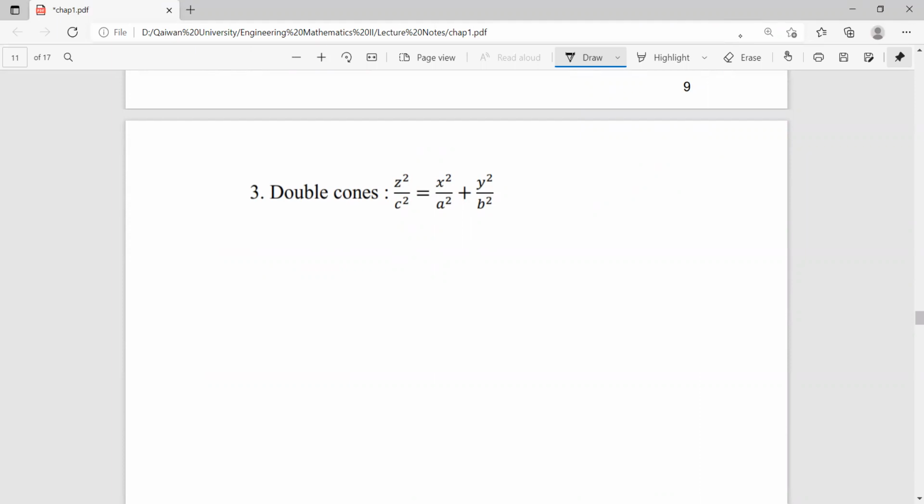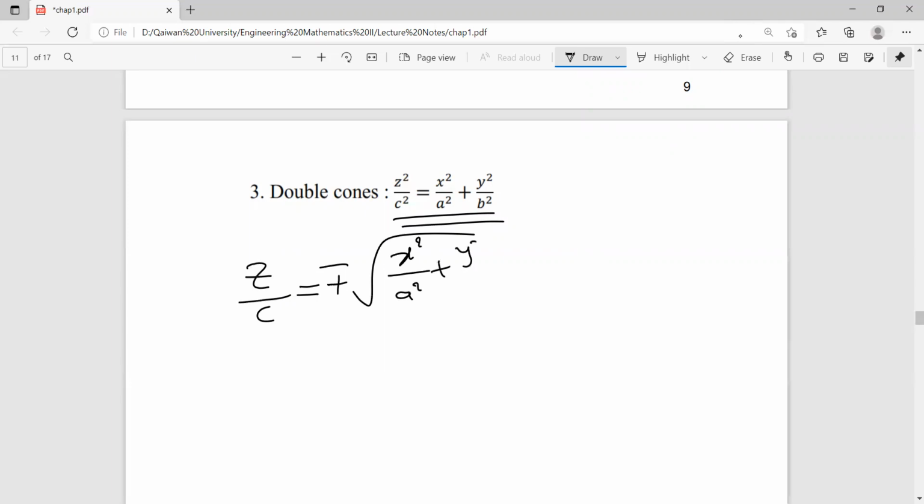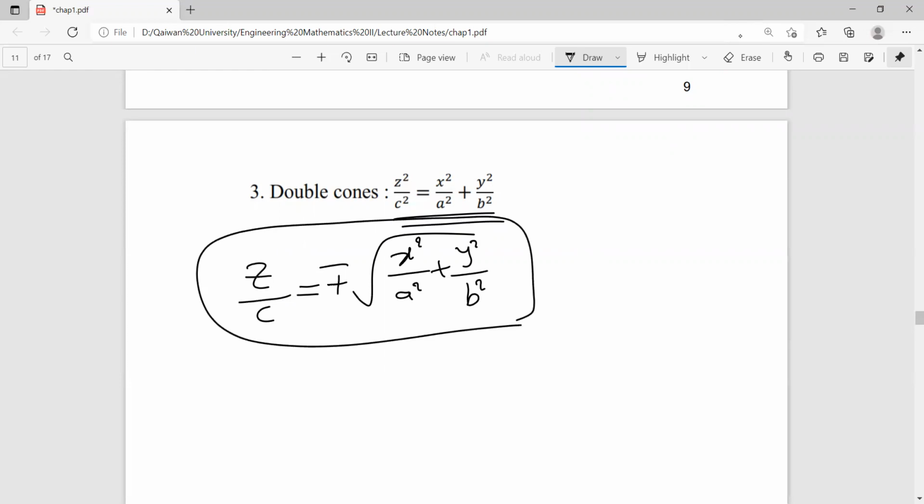Here for the double cones, we can change this equation to z over c by taking the square root of both sides, which equals plus or minus the square root of x squared over a squared plus y squared over b squared. For the positive one, it's the same as the previous one, but for the negative one, it's upside down.